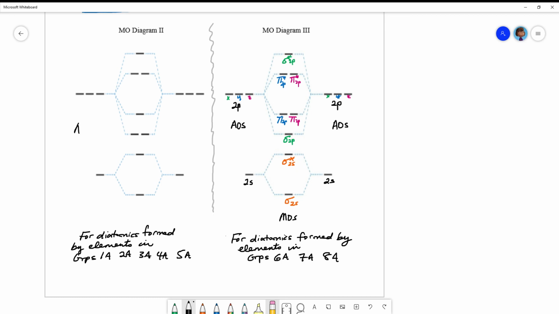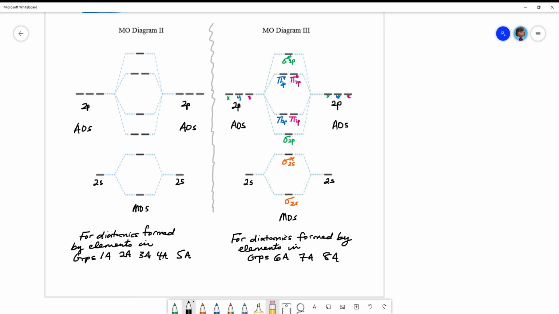So once again, we have the atomic orbitals of the two combining atoms shown off to the side, and the molecular orbitals are shown in the middle of the diagram. And once again, the atomic orbitals combined are 2s and 2p.